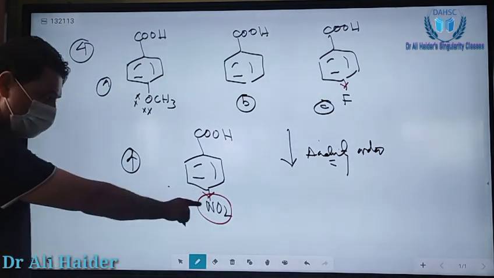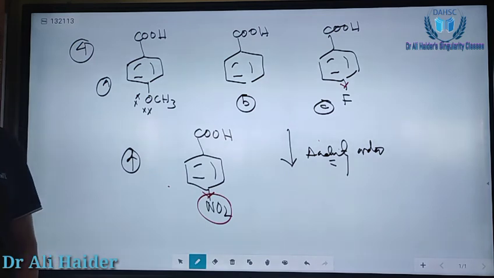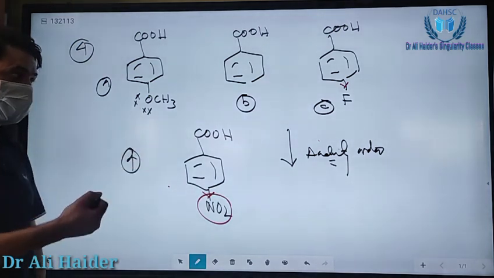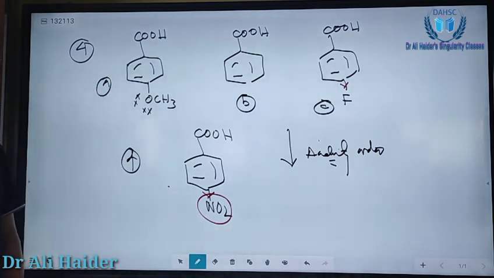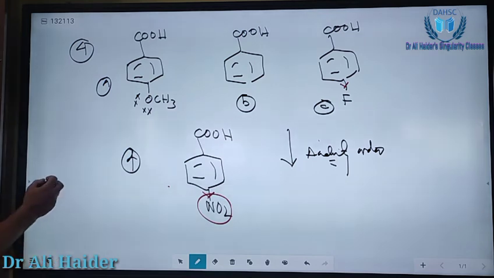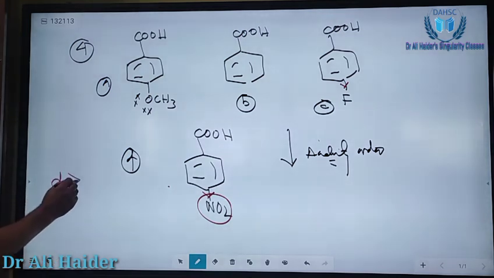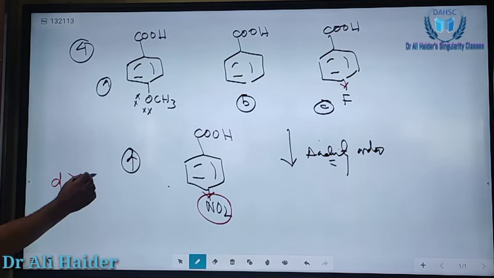The reason is it has two electronegative atoms, nitrogen and oxygen. You got it? So that's why NO2 is strongly electron withdrawing as compared to fluorine. इसका ज़्यादा effect है, right? So among these four molecules, D will be more acidic than C.